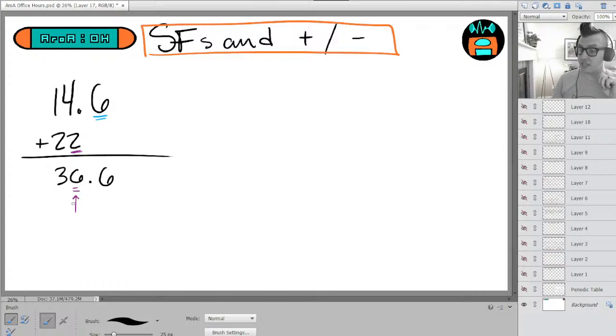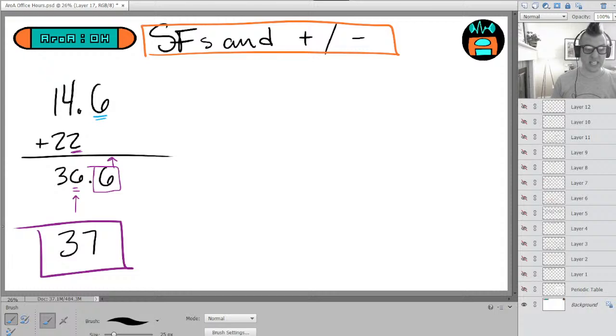So our last significant digit for our answer needs to be in the ones place, which means we need to round. And when we look at the 0.6, it is going to round up, making our 6 into a 7. So the correct answer with the correct sig figs here is 37. All right, that is the answer.